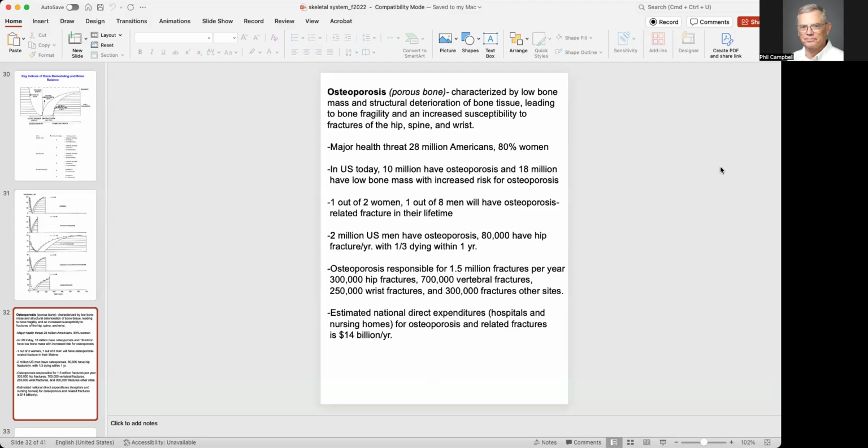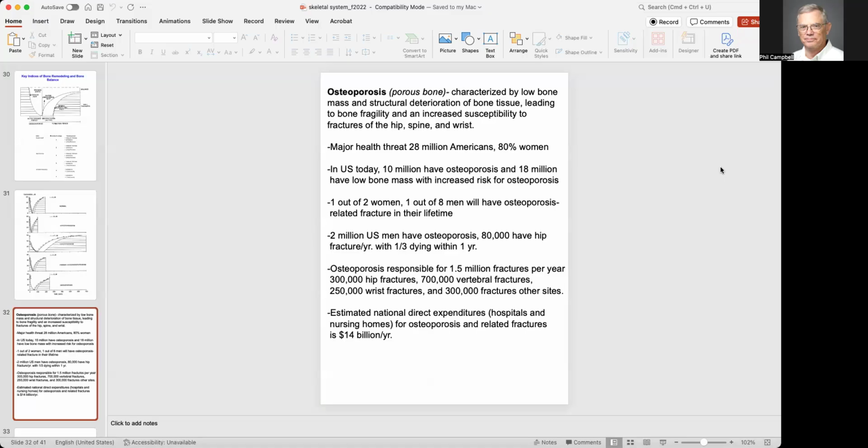It's in my generation. If I've got a bunch of old folks who are the same age, and one subgroup has significantly less bone than their age-matched controls, we call that osteoporosis.